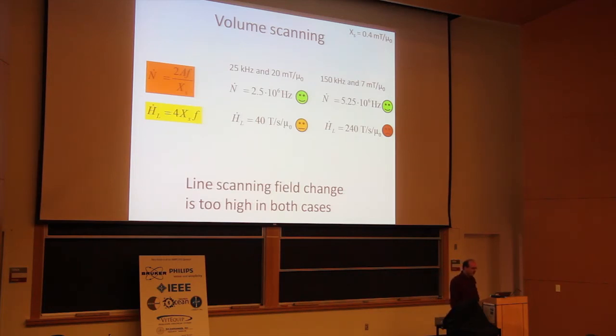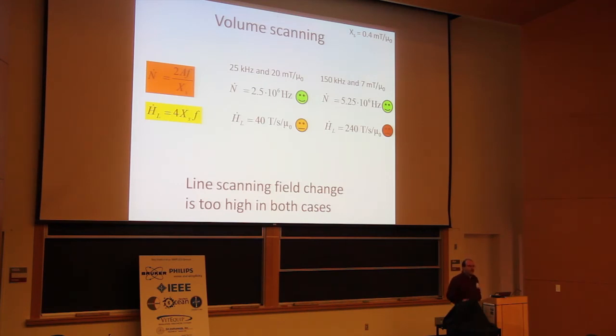Originally, we expected roughly 40 Tesla per second, which alone is already well beyond nerve stimulation limits, so patients will feel that. But if you fold it fast enough, you can also get below the nerve stimulation limits.